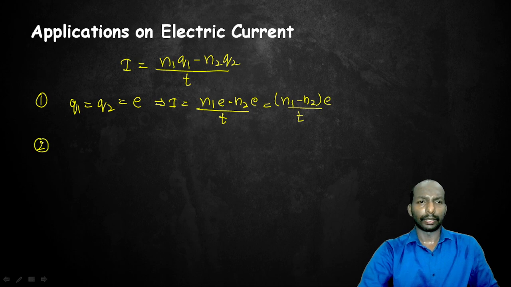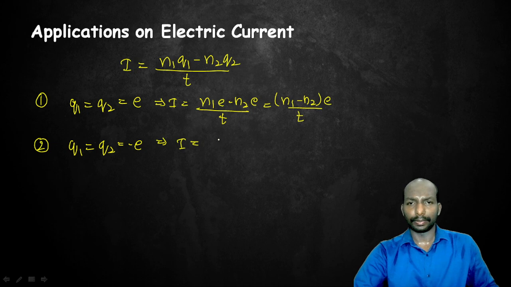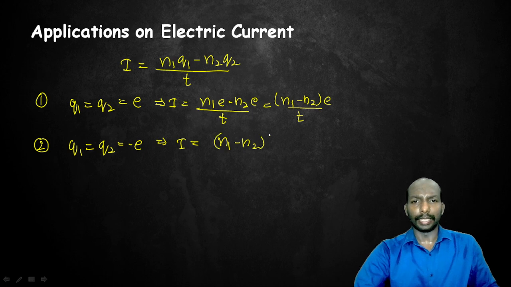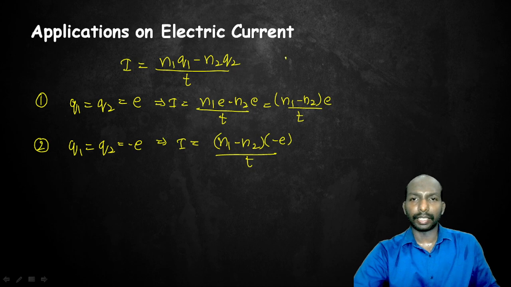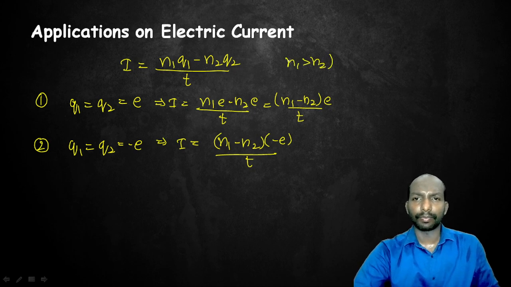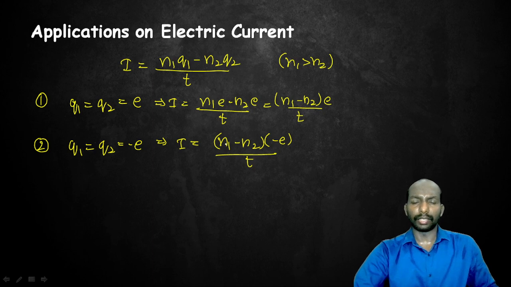Suppose q1 equals q2 equals minus e. Then here (n1 minus n2) into minus e by t. Here we have already taken n1 greater than n2, so this is a positive value, while minus e is a negative value. So we are getting a negative current.